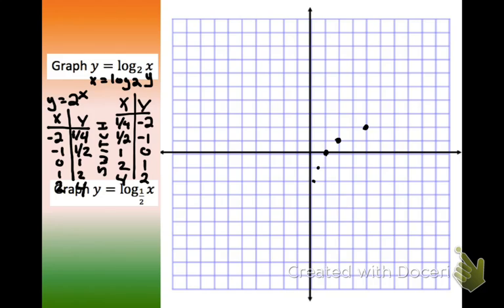So we're going to be right out here. And then you're going to sketch your curve in there. And that's not the best curve, but that's okay. And you want to label it, so we want to label this y equals log base 2 of x.